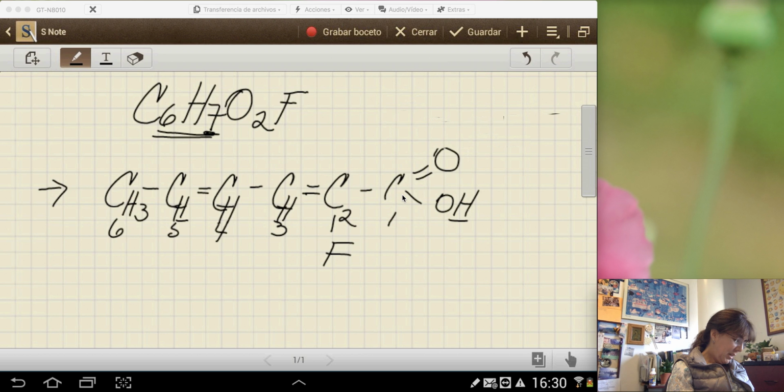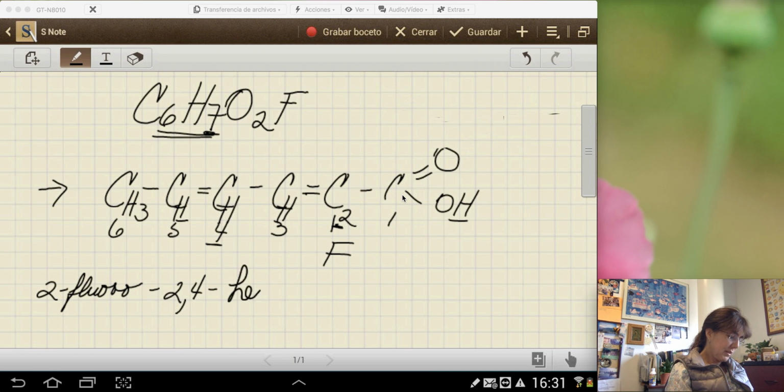So this is going to be a 2-fluoro, 2, 4, it's a hexa, 6 carbon atoms, hexa, dien, oic acid.